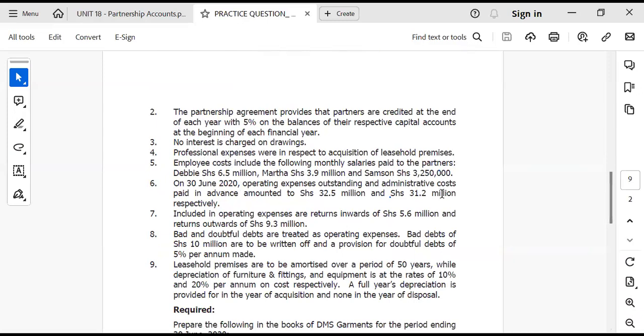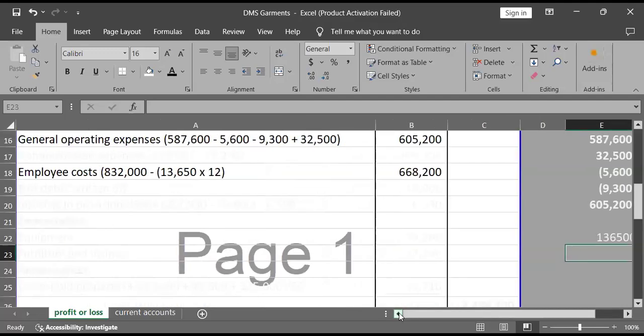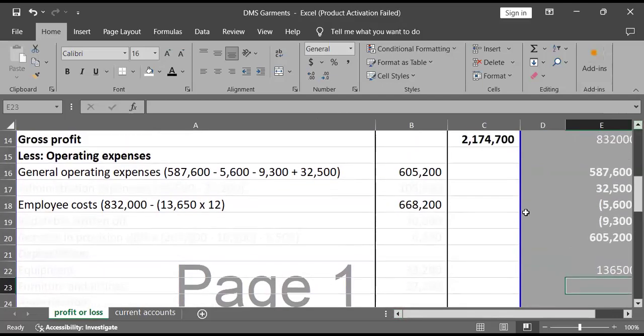These are admin, included in operating expenses. I don't think there was an adjustment with general expenses. Let me know if you see it, because I don't think I'm seeing it. Do we have any adjustments with our general expenses?